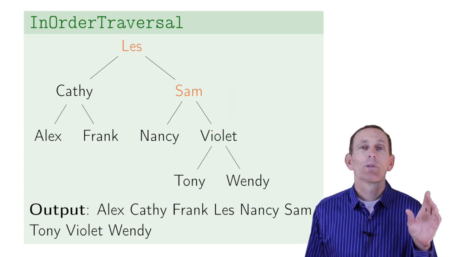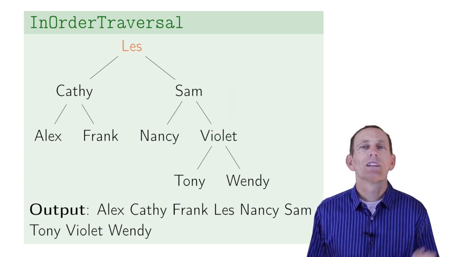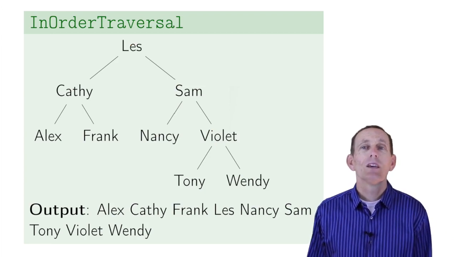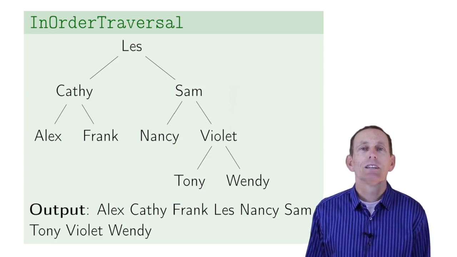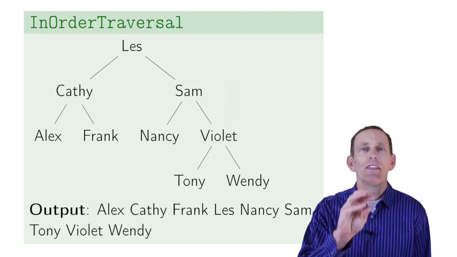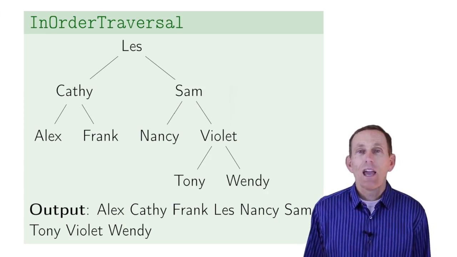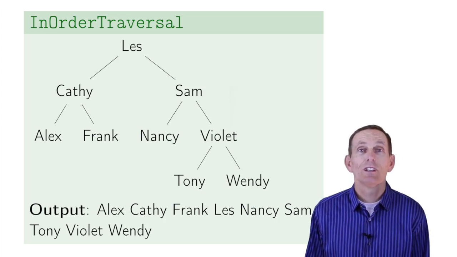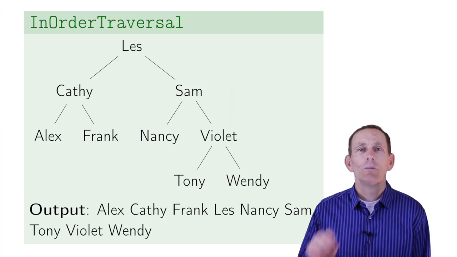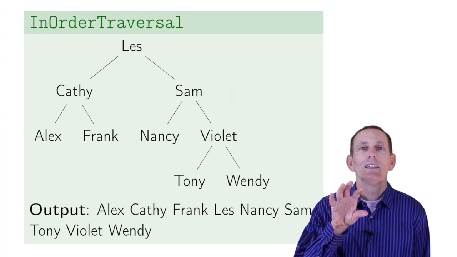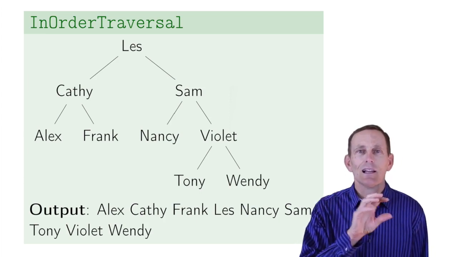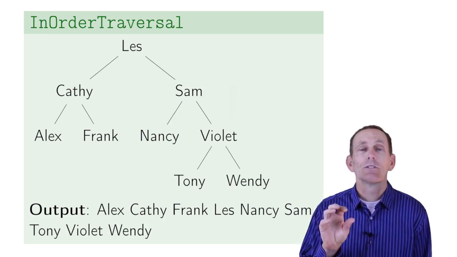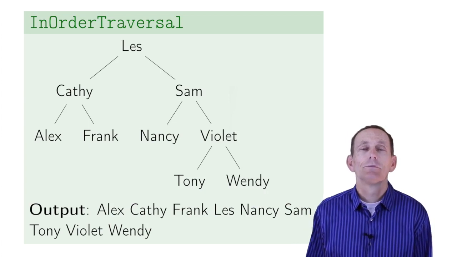So we go back to Sam, completed his right subtree, go back to Les, completed his right subtree, and we're done. So we see we get the elements out in sorted order. And again, we do the left child, and then the node, and then the right child. And by our definition of a binary search tree, that then gives us them in order, because we know all the elements in the left child are in fact less than or equal to the node itself.